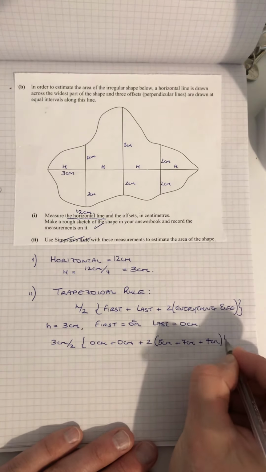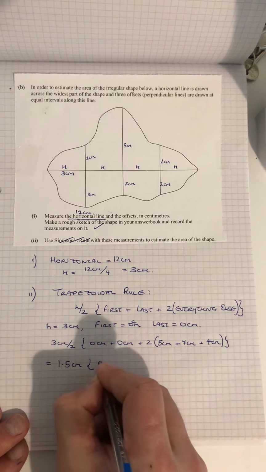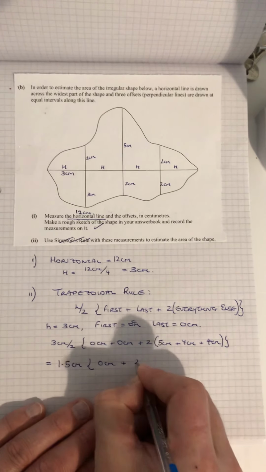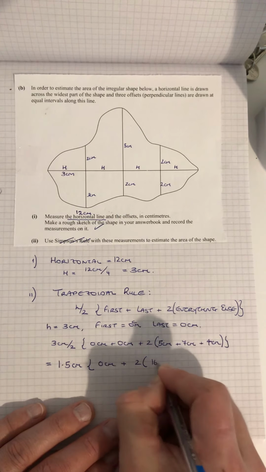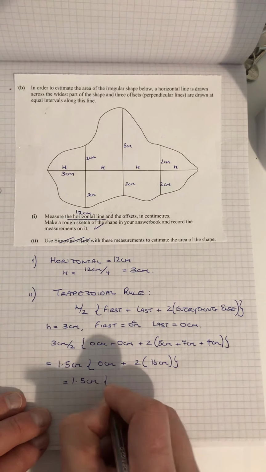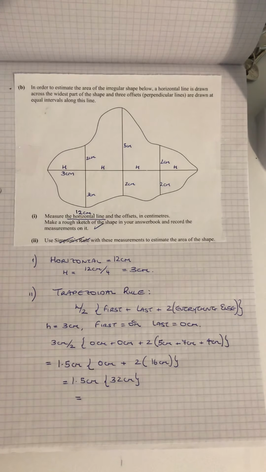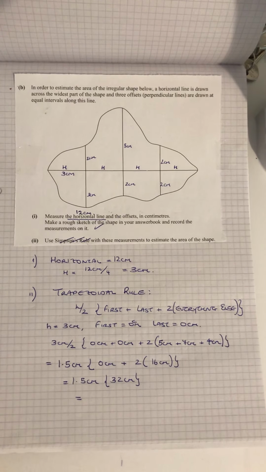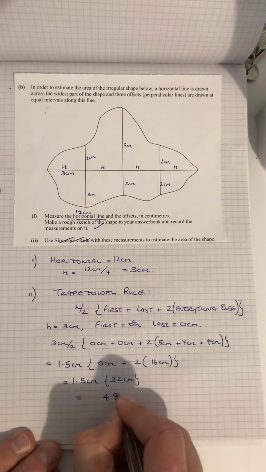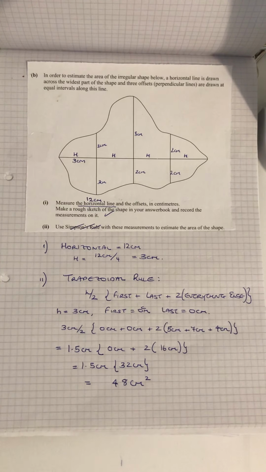So everything in between, that's 1.5 centimeters multiplied by 0 centimeters plus 2 times 16 centimeters, which is 1.5 centimeters multiplied by 32 centimeters, which is equal to 48 centimeters squared. So that's roughly the estimate for the area, 48 centimeters squared.